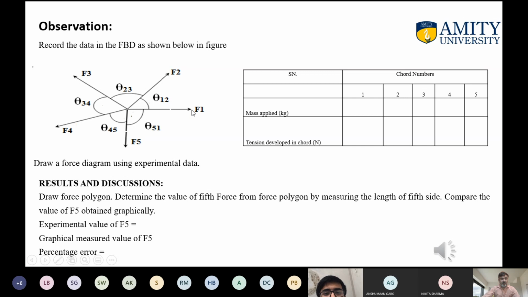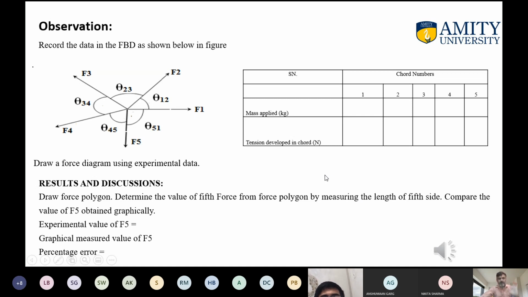Okay. Similarly, from F1, this F2 is acting here. Okay. And the angle is theta 1,2.